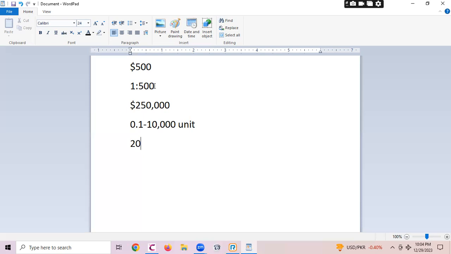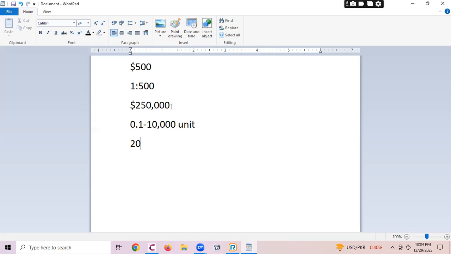Now, if you have $500 in your account, it is assumed you have $250,000. How did I arrive at $250,000? $500 multiplied by 500. You'll get $250,000. So it is assumed you have $250,000 in your trading account.